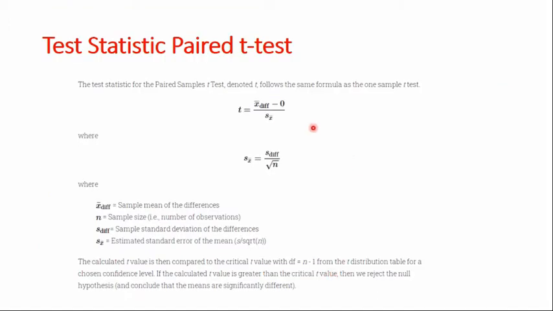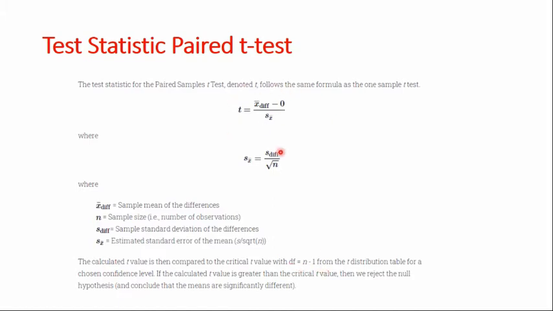If we perform this test manually, test statistic, manual formula for paired sample t-test: t is equal to mean difference minus 0 upon estimated standard error of the mean. What is standard error of mean? It is equal to standard deviation of differences upon under root n, and here degree of freedom will be n minus 1.